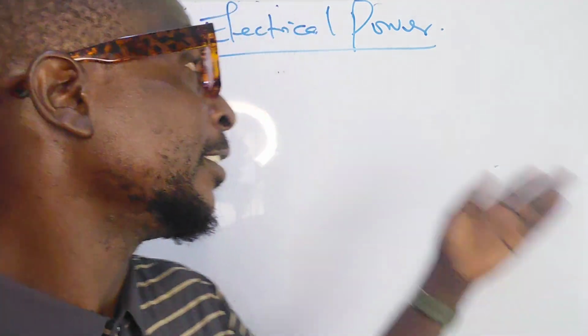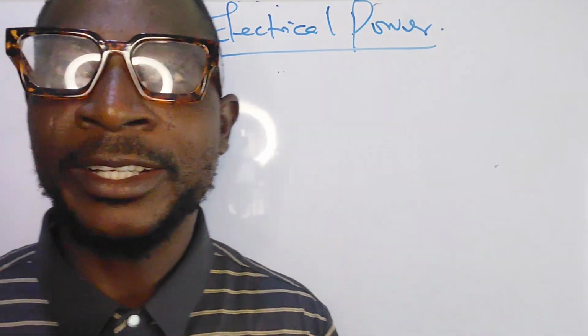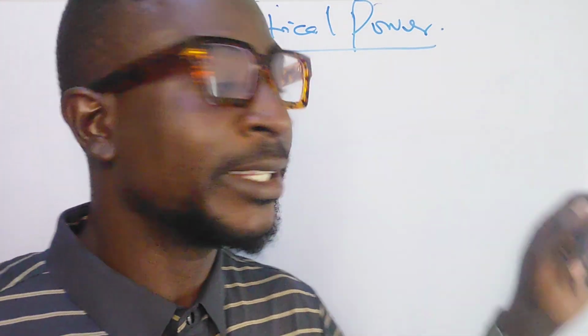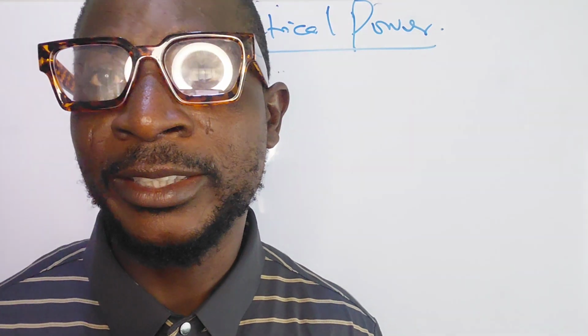What is electrical power? Electrical power is the rate at which work is done in electrical circuits. So this is the power that does the job in your electric circuit.